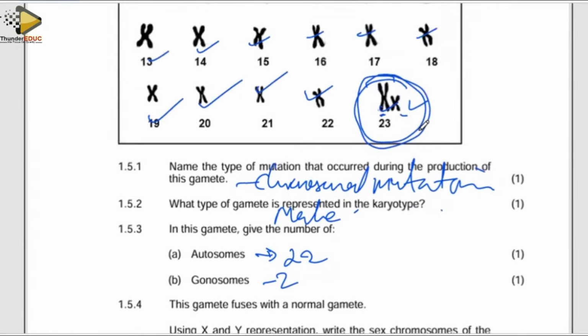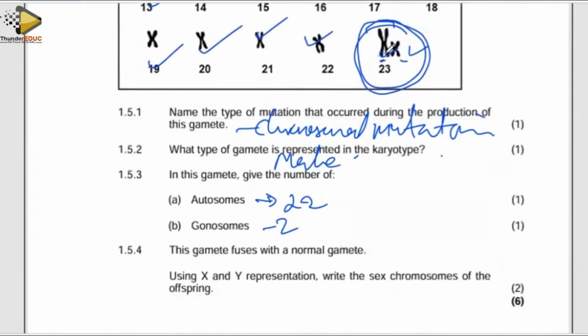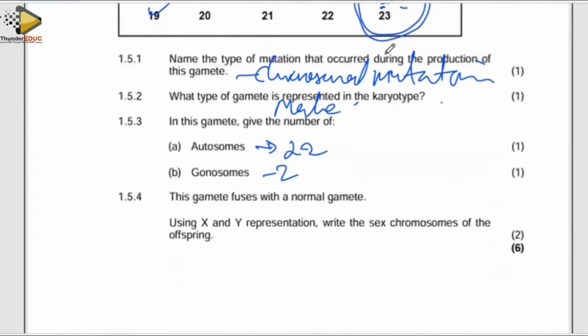Now the challenge here is that they did not specify which normal gamete. Oh, normal. It means that if it is fusion, then it fertilized the normal gamete, which is the female. So there's no challenge.